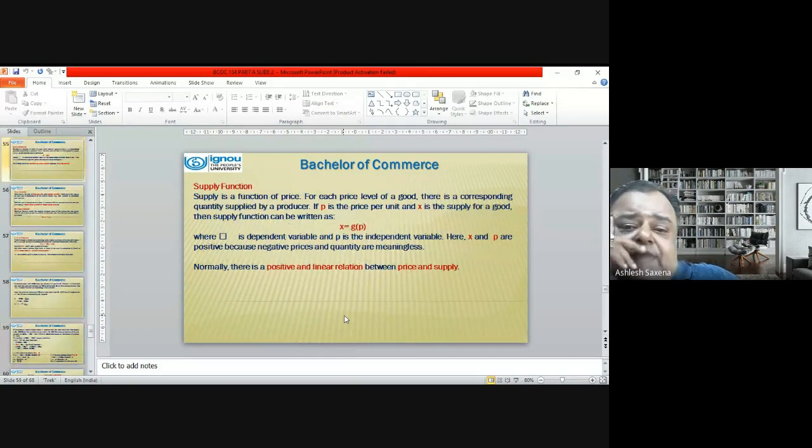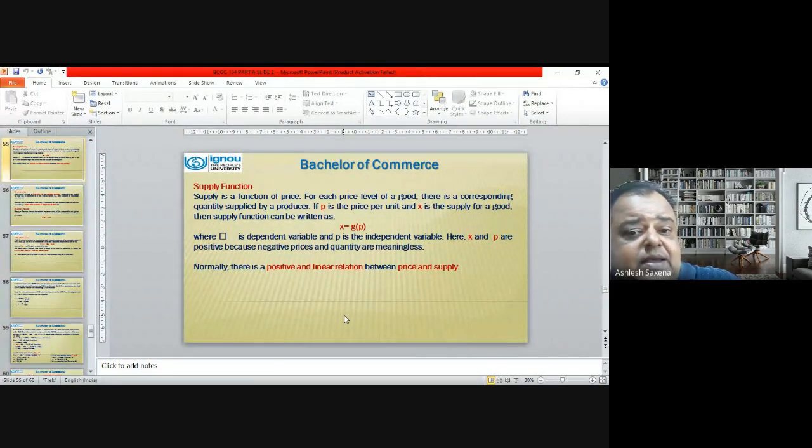Then comes your supply function. Supply is a function of price. For each price level of a good, there is a corresponding quantity supplied by a producer. If P is the price per unit and X is the supply of a good, then the supply function can be written as X equal to G(P), where P is the independent variable and X is the dependent variable.